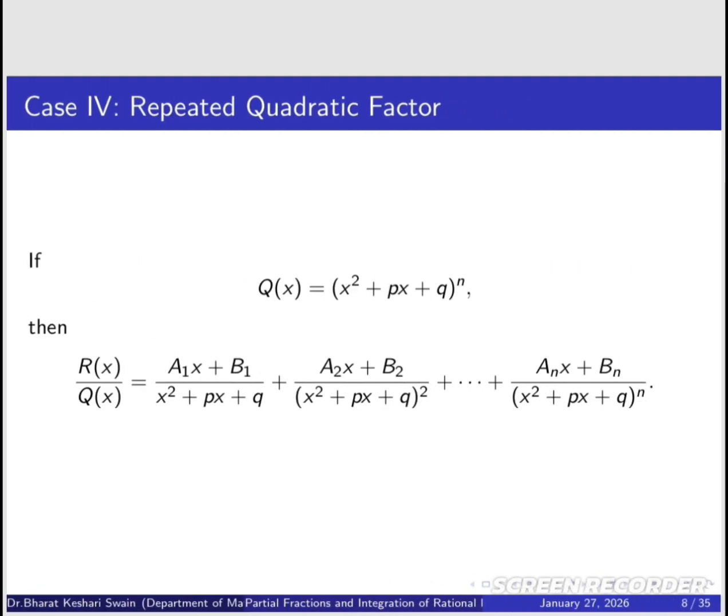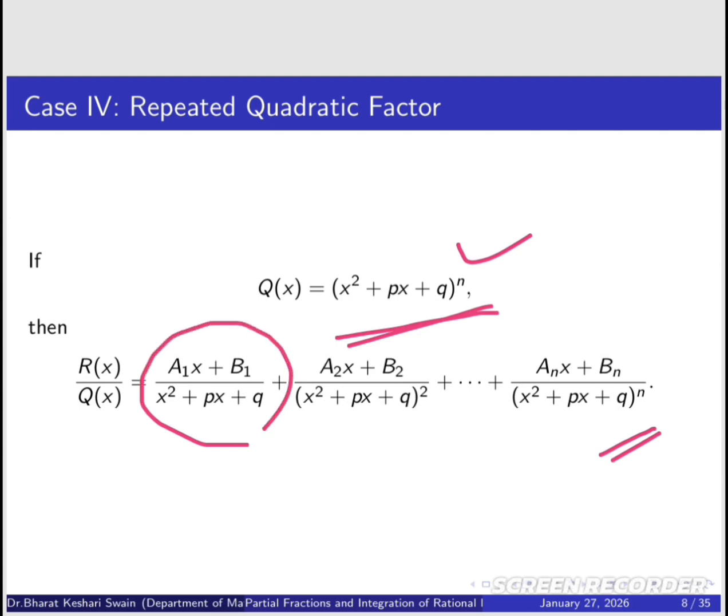Another case is repeated quadratic factor. If the quadratic factor is repeated, then same as in the previous cases, you can go up to the degree. We have to check how much degree there is. So here the degree is n, so we have to go up to the nth term. For the first, it is quadratic, so a1x plus b1 divided by x square plus px plus q.